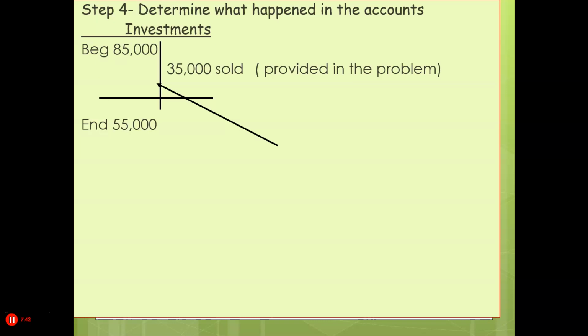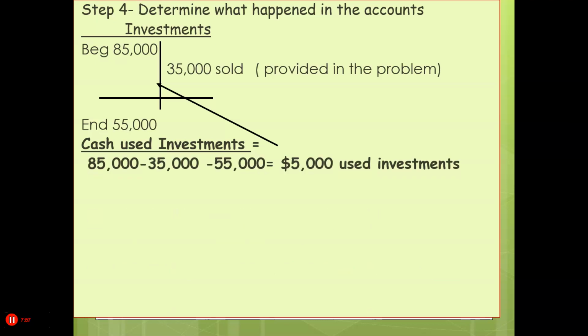For investments, we started with 85. We sold an investment for $35,000, which would have reduced it. That's provided in the problem. We ended with 55. So cash used by investments would be 85,000 minus 35 minus the ending balance, which means that we purchased $5,000 of investments.